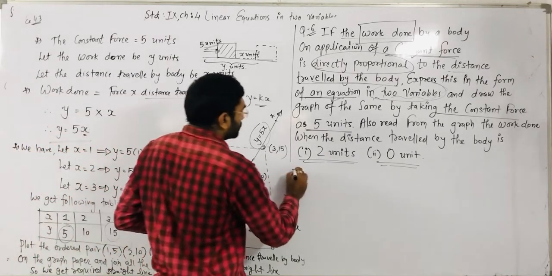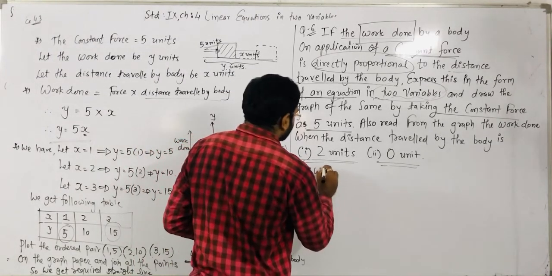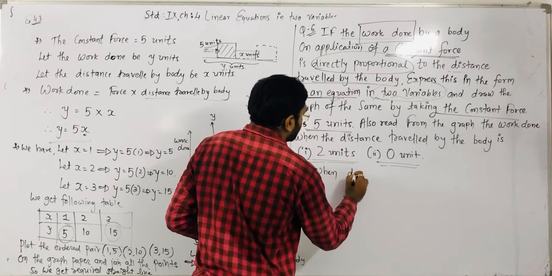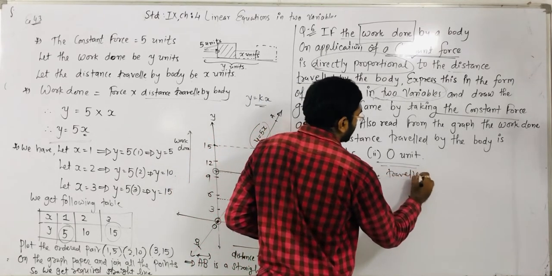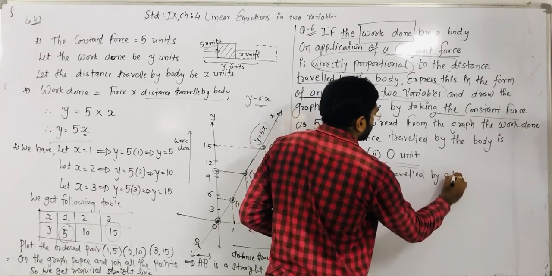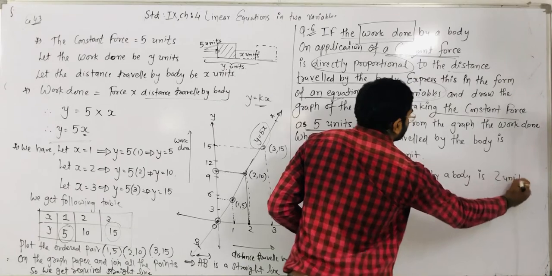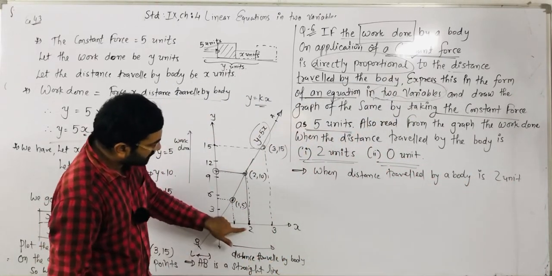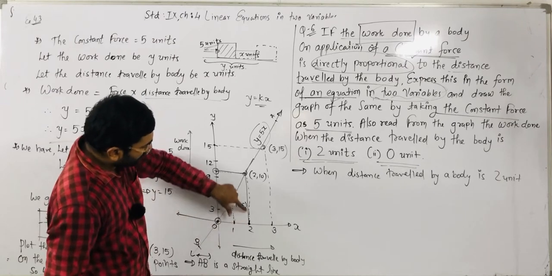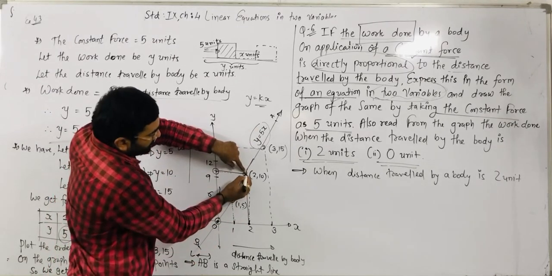So in that question's answer, we have to write: when the distance traveled by the body is 2 unit, then from the graph, the distance traveled by a body is given on the x-axis. So from that we have to draw one perpendicular line on our graph. Which point do we get? This point.